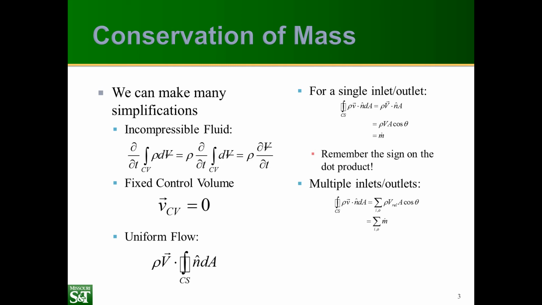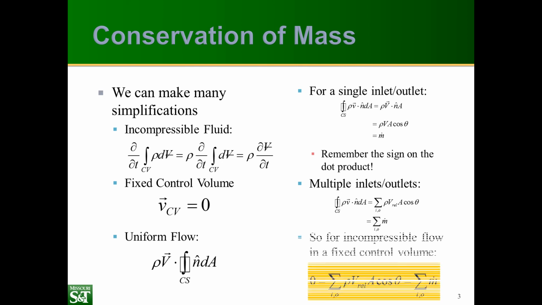So we get a total over the control surface is the sum of all the mass flow rates. So if we do that, we can actually reduce conservation of mass to 0 equals the sum of all the mass flow rates for a steady state uniform flow case. So this is a much simplified version of conservation of mass.